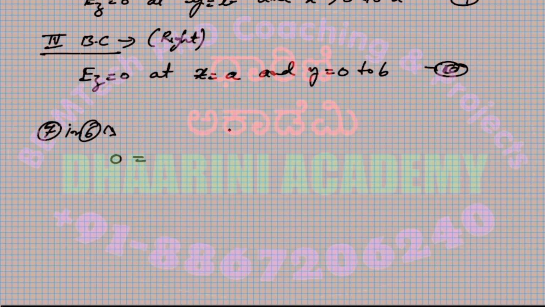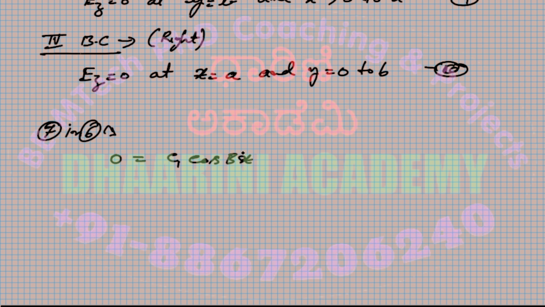Ez equals, right? So the left hand side is 0, equal to, you see the first term is C1 cos bx. My x varies from 0 to a, so I will not put x, but I'll put y equal to 0. So the C1 cos bx remains as it is.